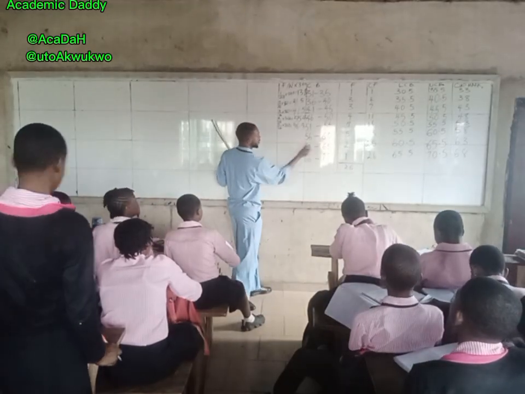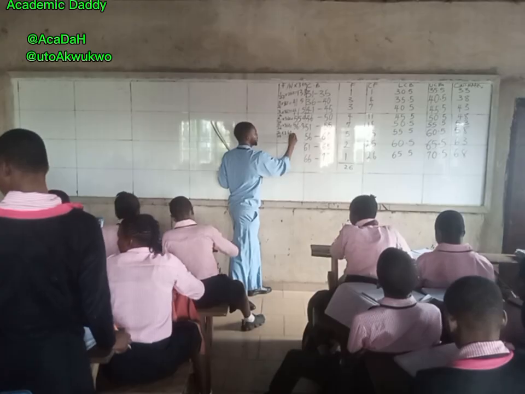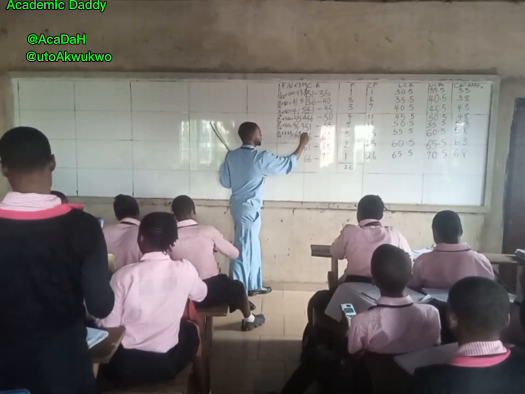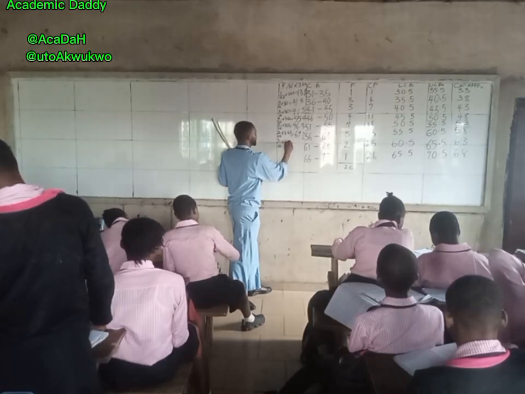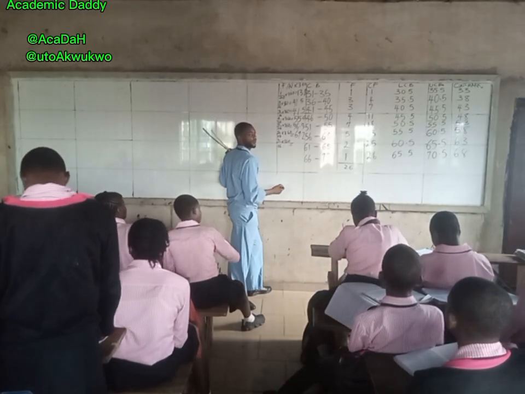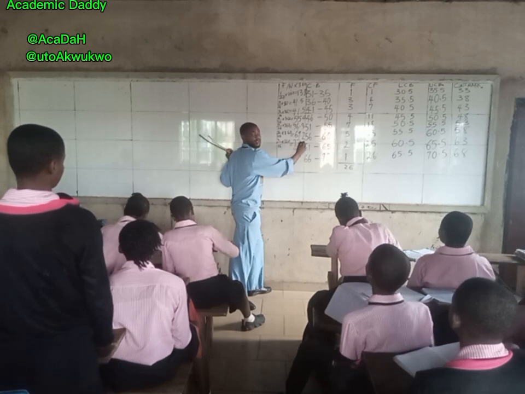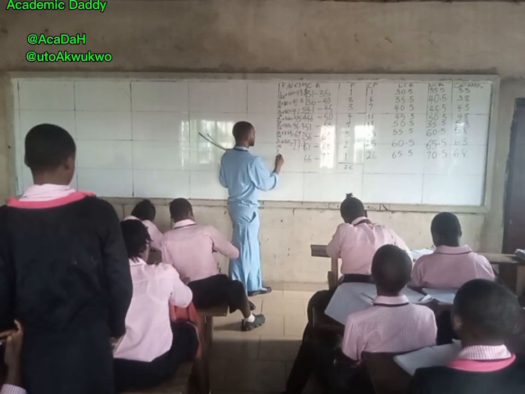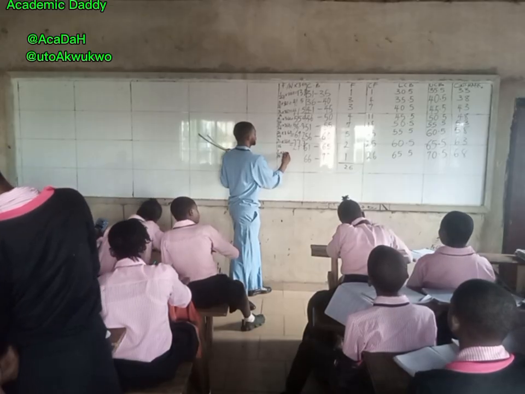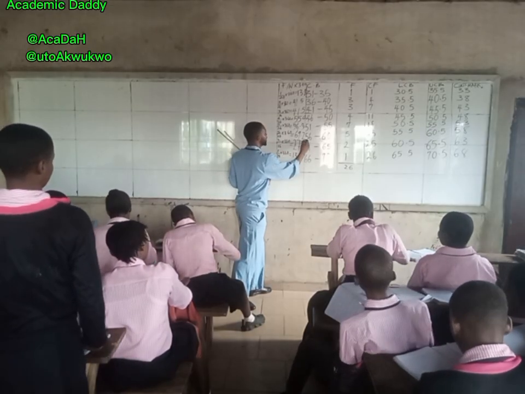Okay, this one will be 5/26 times 360, 69.42. This will be 2/26 times 360. What do you have? 37.7. Okay, this one will be the same as the first one, 30.8. And you know that all these things are in degrees, are you aware?